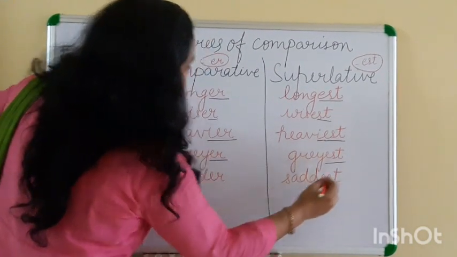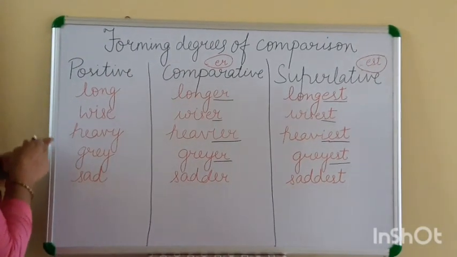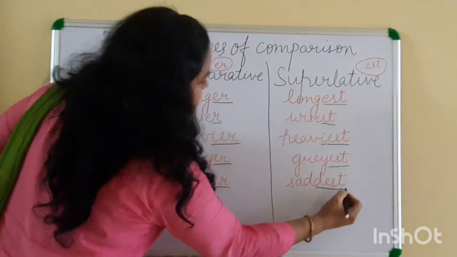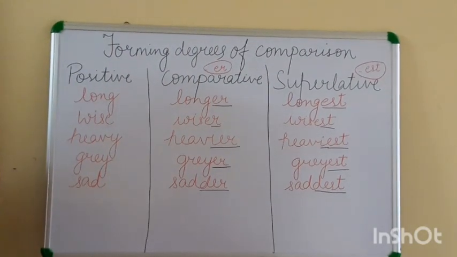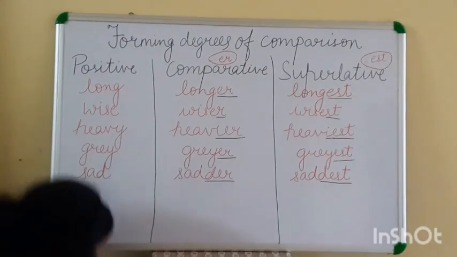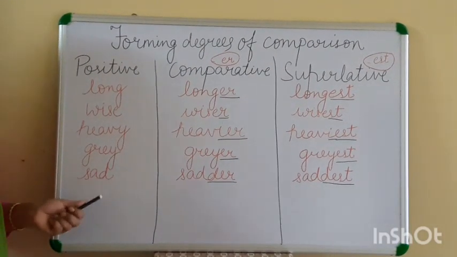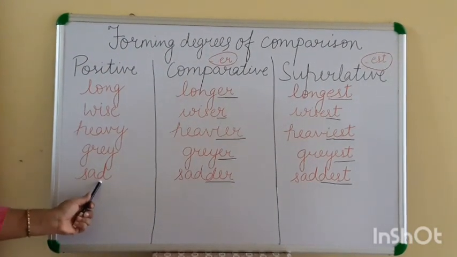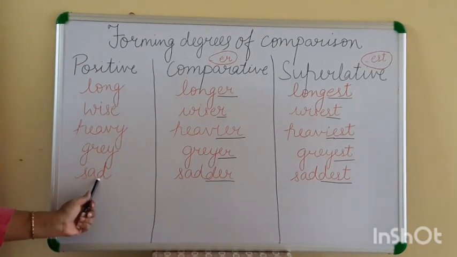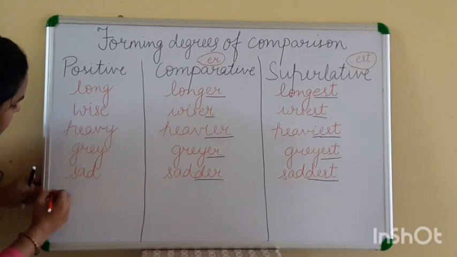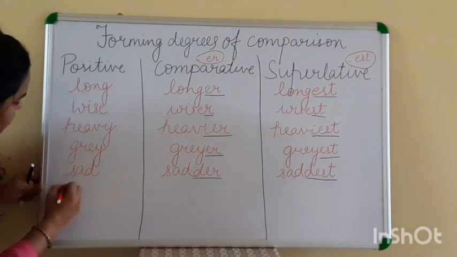You can give me some more examples of this type of adjective. You can write, yes, thin, thinner, thinnest. Here, N is also doubled. So, in some cases, we double the last letter of the adjective.